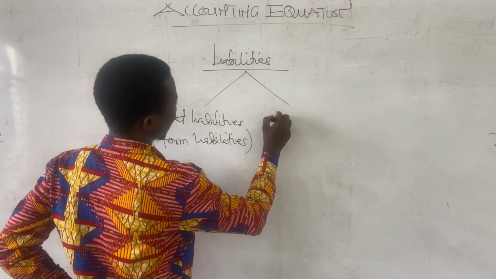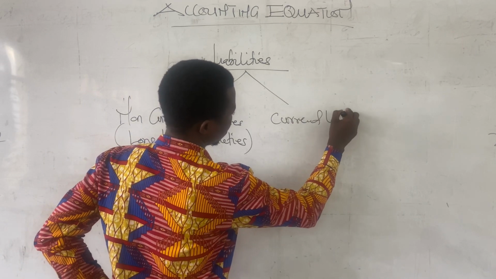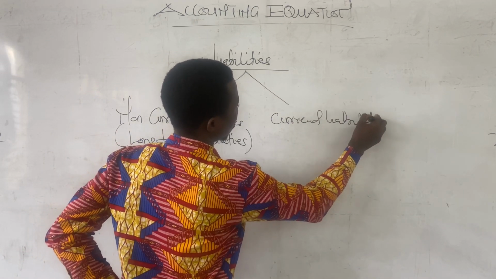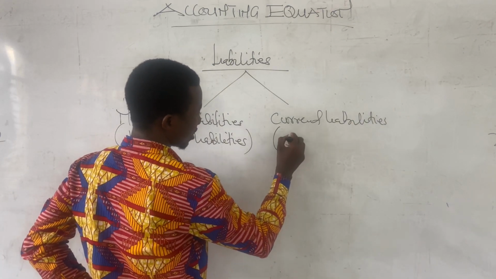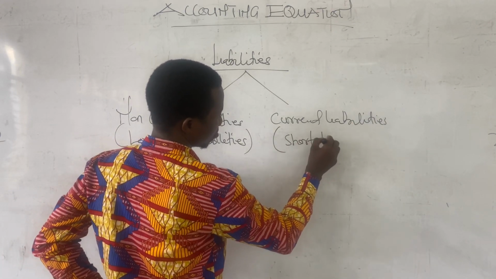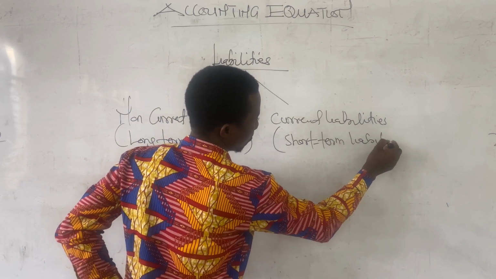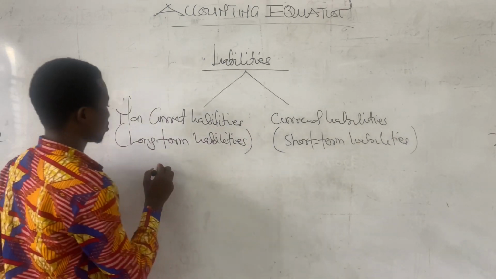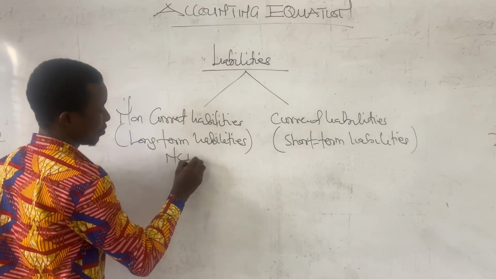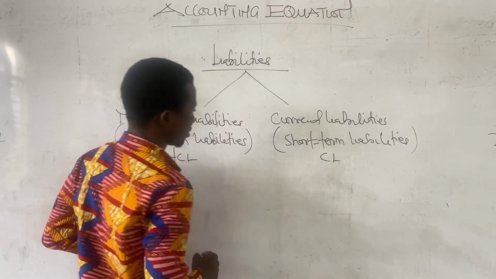Then we have current liabilities, and it's also called short-term liabilities. Okay, so that is non-current liabilities, and we have current liabilities.